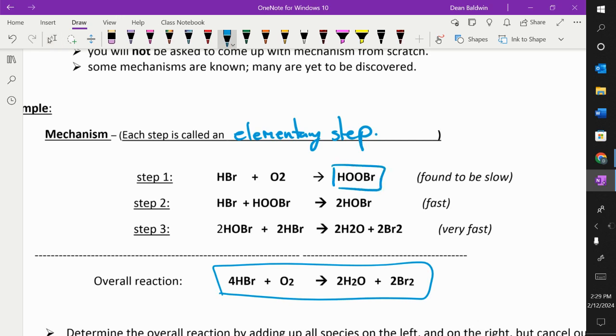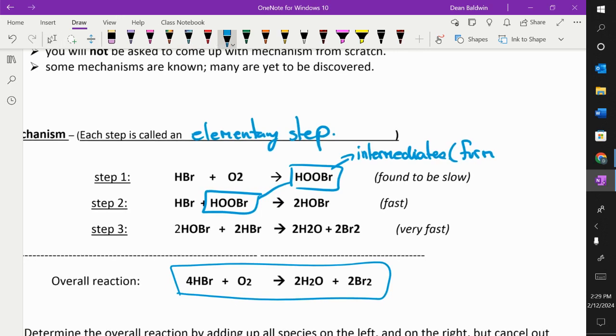These things right here, which form in one step and then are used up in the next step, are called intermediates. They form and then are used up.